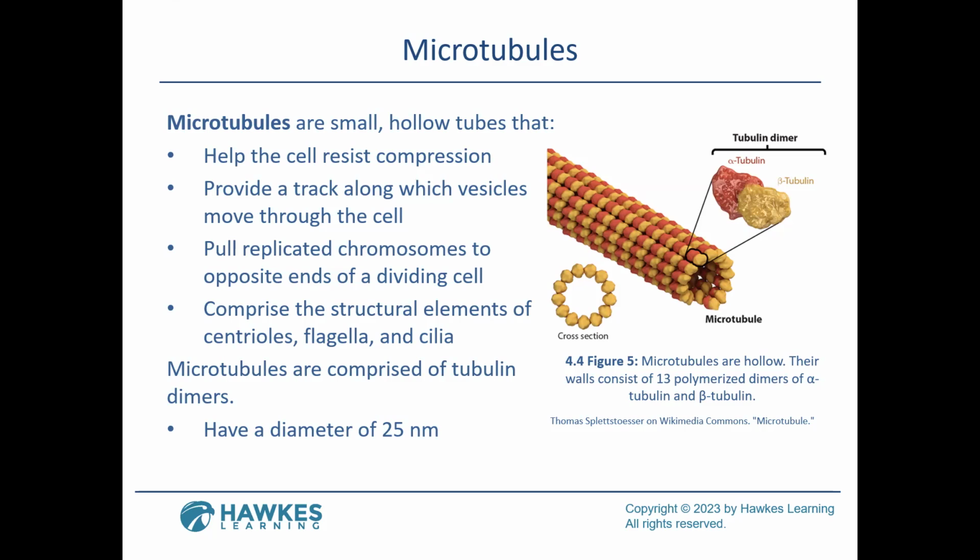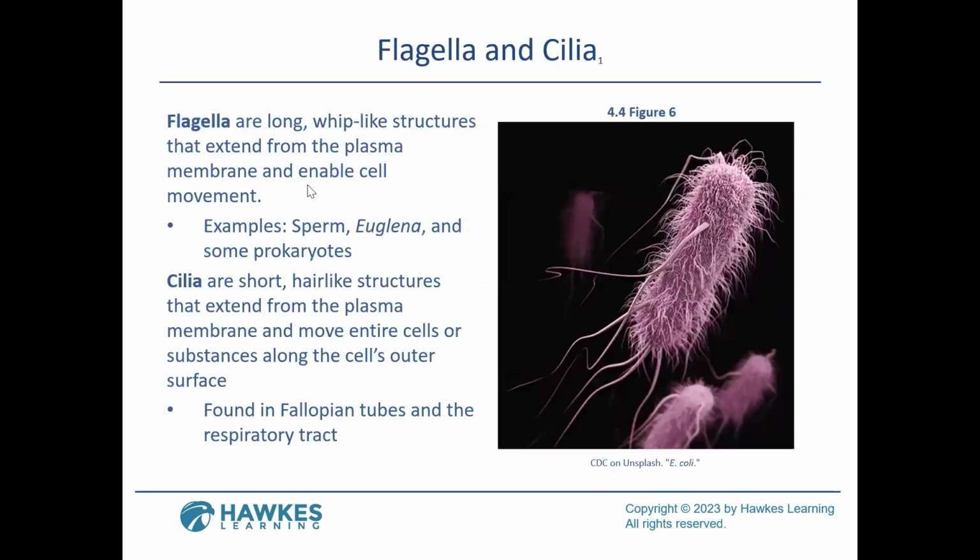So they comprise the structural elements of the centrioles, the flagella, and the cilia. Microtubules are comprised of tubulin dimers, and they have a diameter of 25 nanometers. These are the microtubules. These are a special type of cytoskeletal proteins.